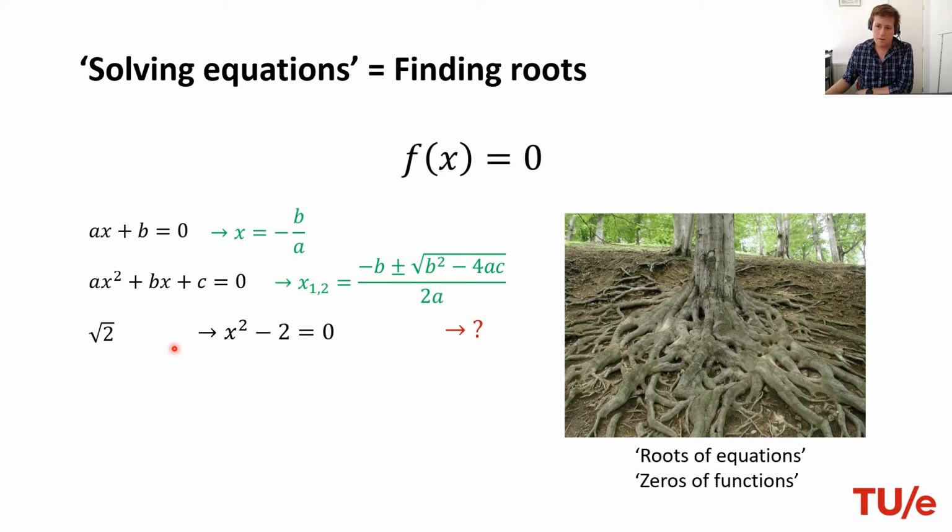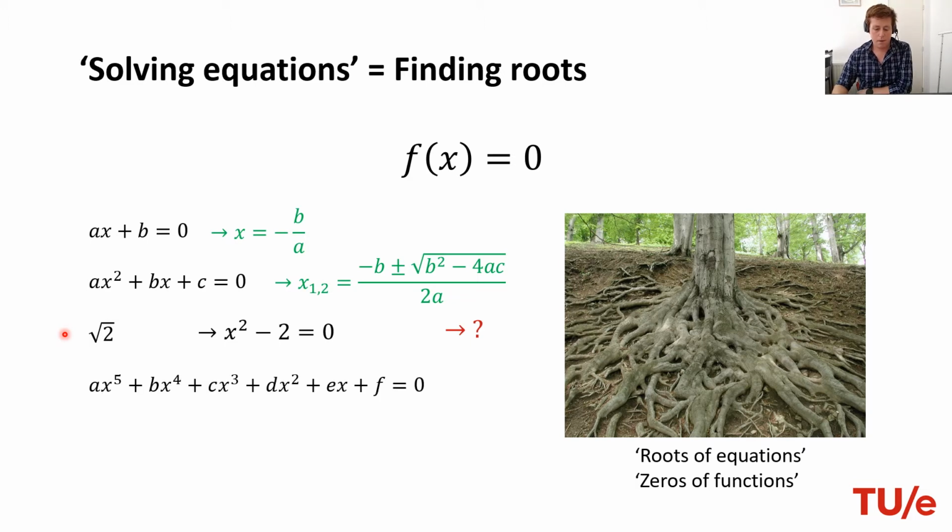But how do we solve this? We don't know how to really compute the square root of 2, and we can again make this explicit for x, but then we just get x is equal to the square root of 2, and that brings us no step further. So how do we solve equations like this? That will be what we discuss within these lectures.